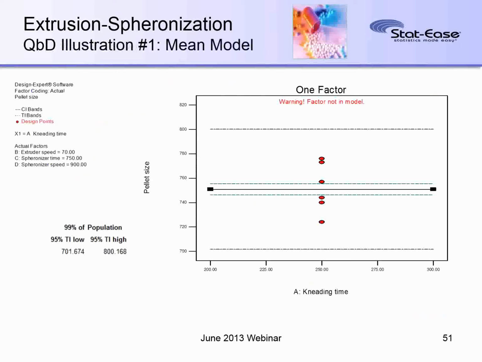So for a mean model, the prediction is roughly 750 as we expected. Good engineers and chemists will be able to do that reliably. And the tolerance interval is very close to that 700 to 800 range. Close enough, I think we could submit it.